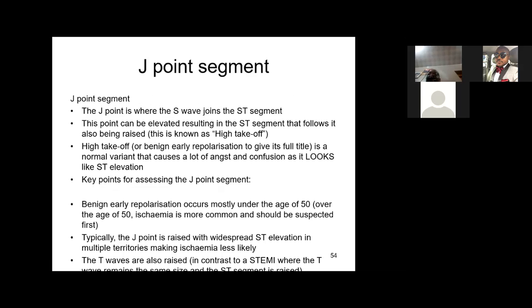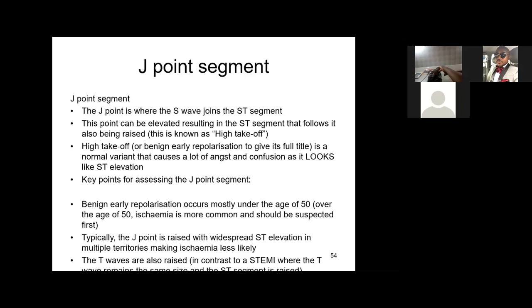Now, the J point is another part of the wave, where the S wave joins the ST segment. The key points in assessing the J point: it is usually benign when it's raised in those under the age of 50. It may be raised in a myocardial infarction, and if it's raised in myocardial infarction, the T waves are also raised as well.